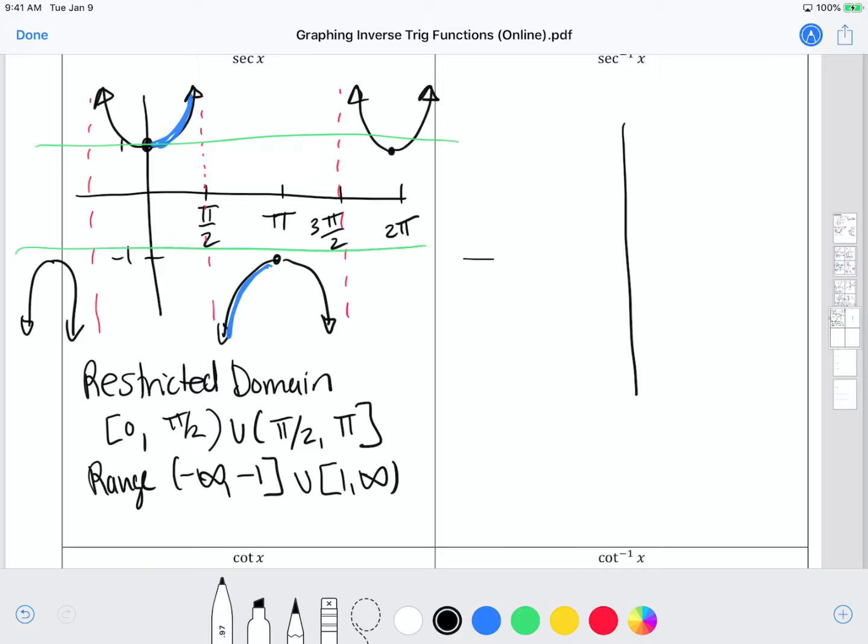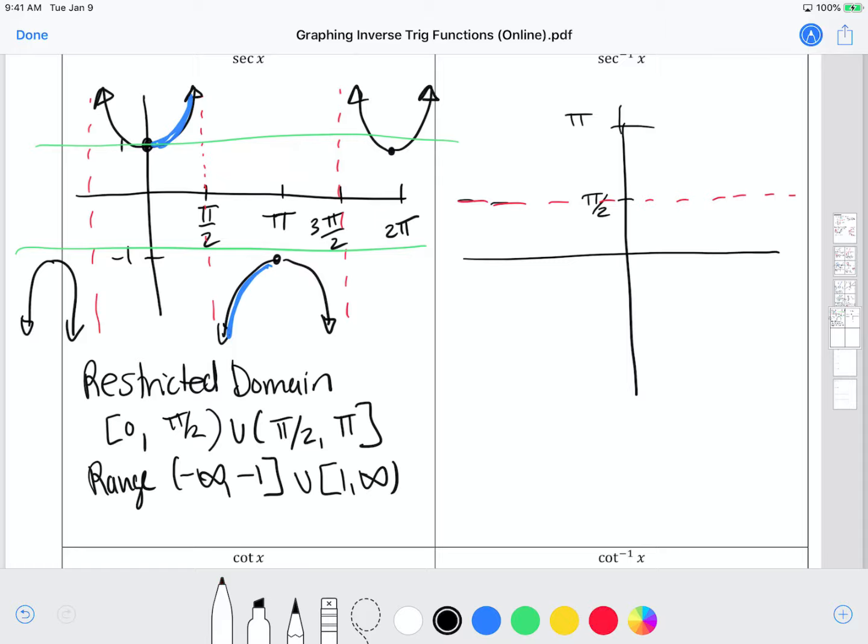Now when we graph the inverse, since we have a vertical asymptote at pi/2, on the inverse we're going to have a horizontal asymptote at pi/2. So it switches from x is equal to pi/2 to y is equal to pi/2 for my asymptote.